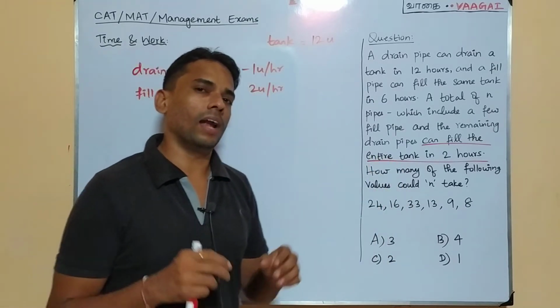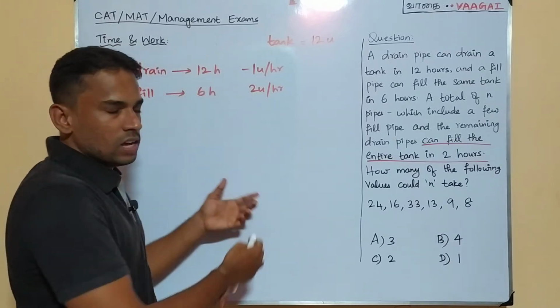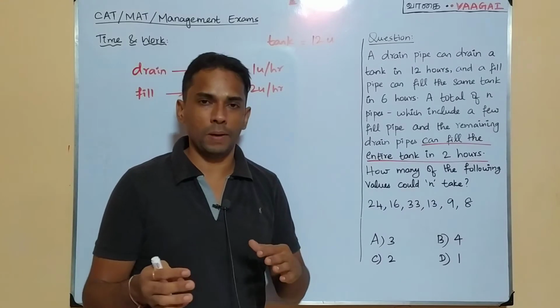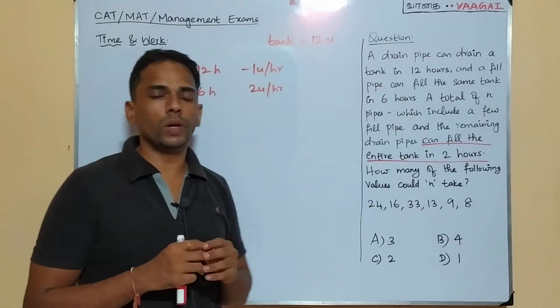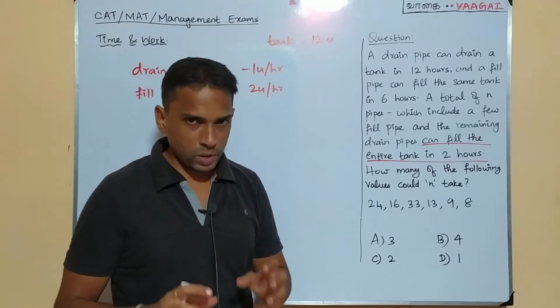Now we will see a good approach to solve this problem. We already started, and we are here up to the efficiencies of the fill pipe and drain pipe. Let us continue and execute the problem in a nice way.